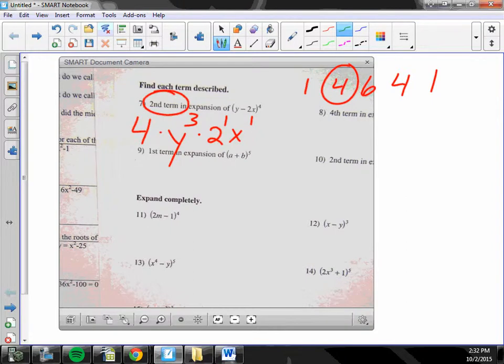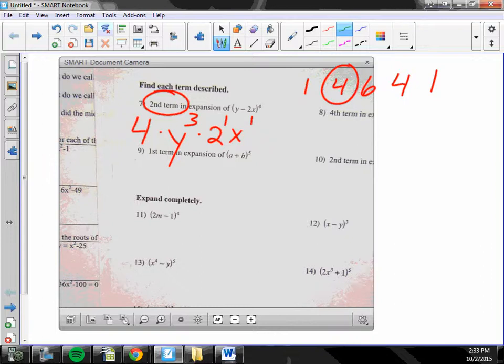How come? Every other term is negative. Right? The first term is positive, and the second term will be negative. So when your second term in the binomial is negative, every other term is going to be negative, and this happens to be the second term.